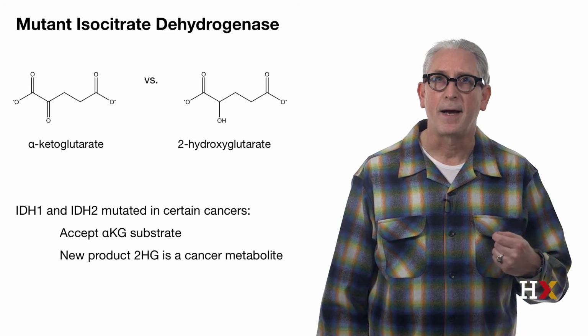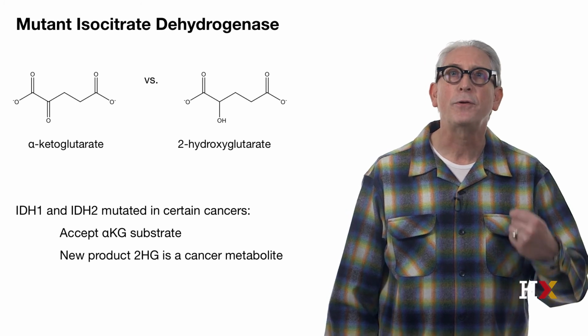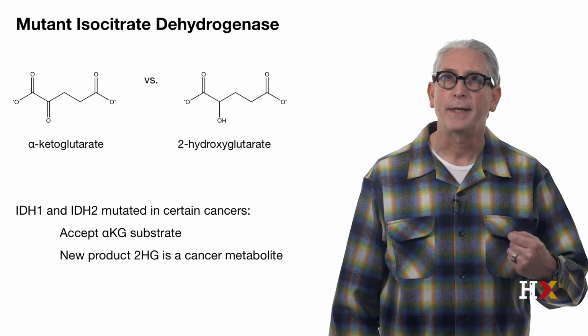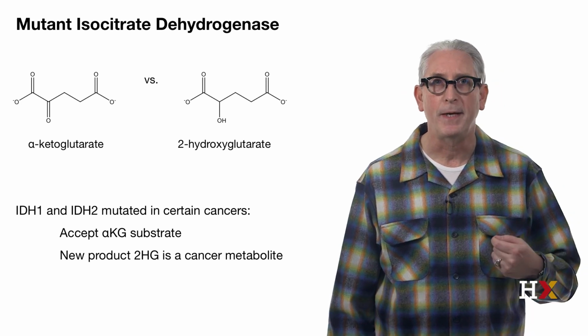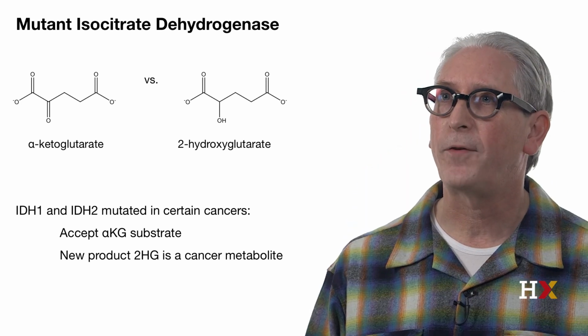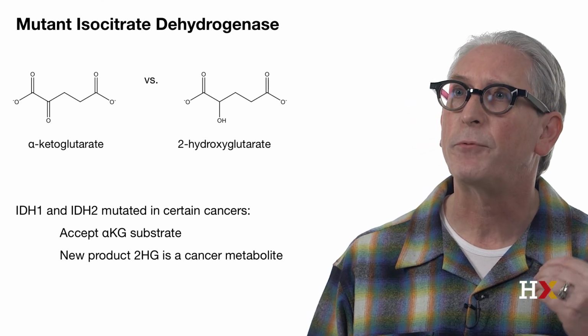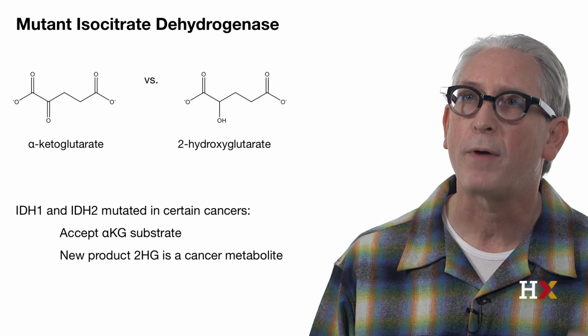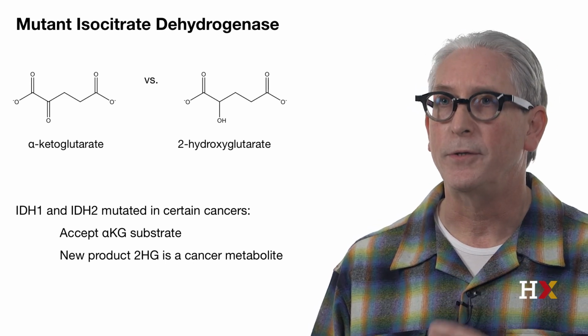The mutant enzymes accept alpha-ketoglutarate as a substrate and reduce it to 2-hydroxyglutarate, a reaction coupled with the oxidation of NADPH. Therefore, the elevated level of oncometabolite 2-hydroxyglutarate in some cancer cells is a direct consequence of the expression of mutant forms of IDH1 and 2.